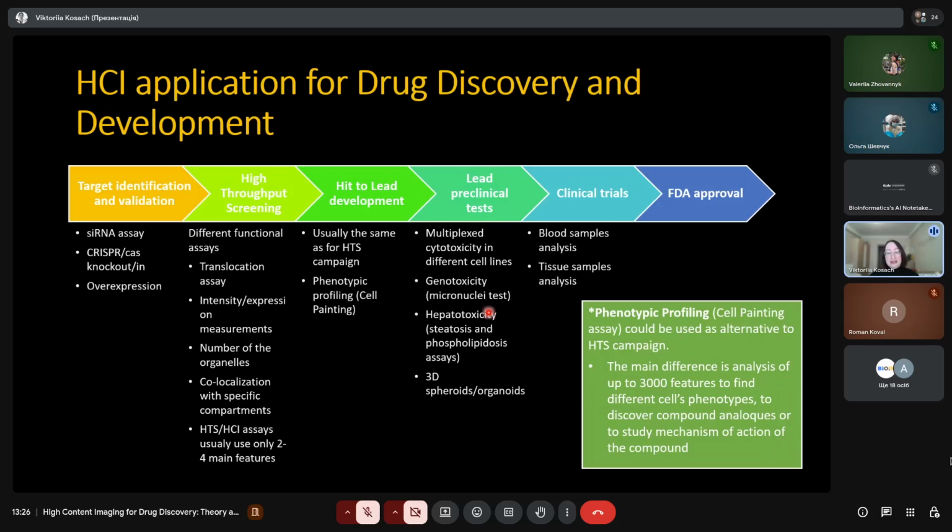So hepatotoxicity assay is very important, and we also need to be careful with biological additives that we are using right now.